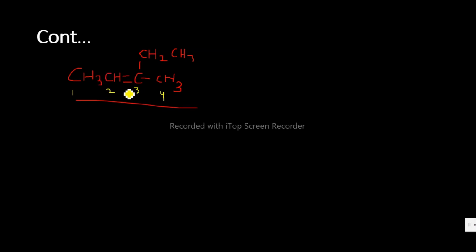So if you count from here, that's 4. But if we count from here, like this, then that becomes 1, 2, 3, 4, and then 5. So they are just 5.